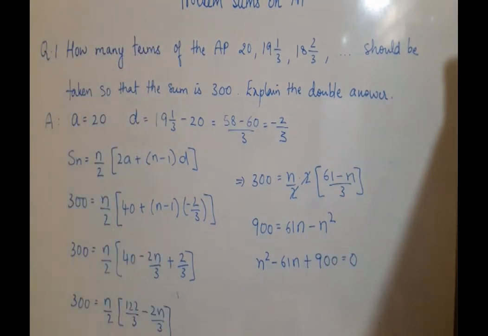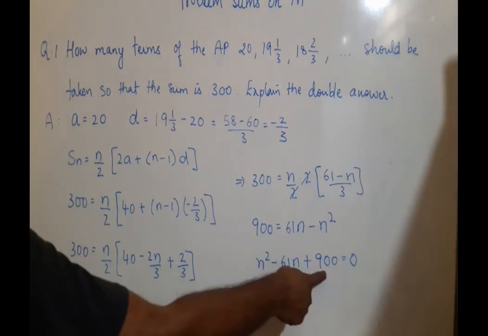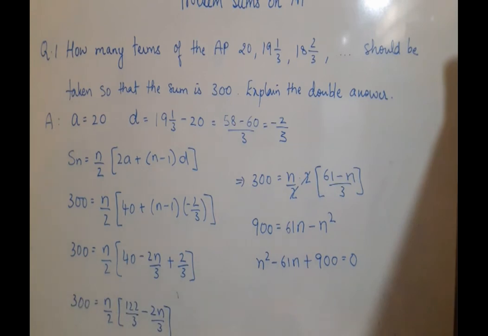So here we have got a quadratic equation. How do we solve the quadratic equation? By splitting the middle term. I hope you know the formula for splitting the middle term. Here you will need a little bit of revision of the 9th standard. So how do you split the middle term? You take the A, which is 1, you take the C. So 1 into 900 is 900.